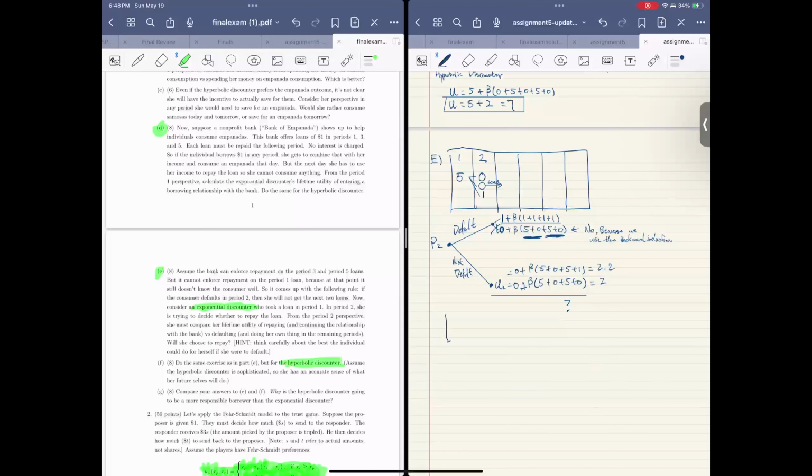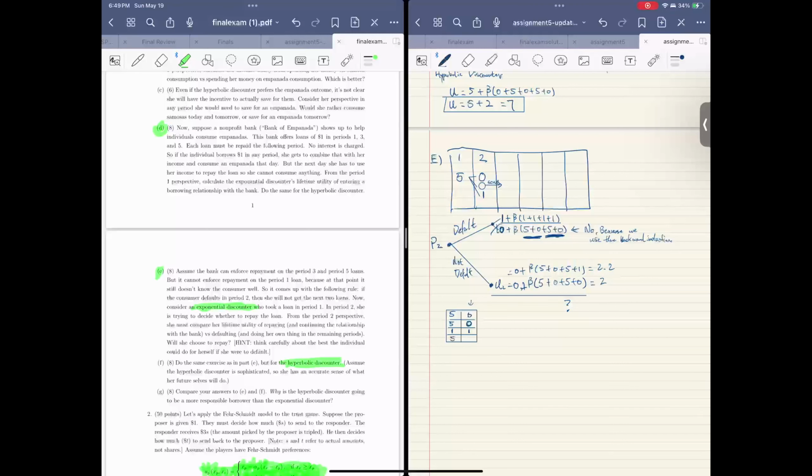Because during period 5 and 6, we have to make a decision. So period 5, period 6, we can choose to borrow and consume 5 units, right? Or we can choose to not borrow, which you only have 1 unit. So if you pay back in period 6, it will be 0.